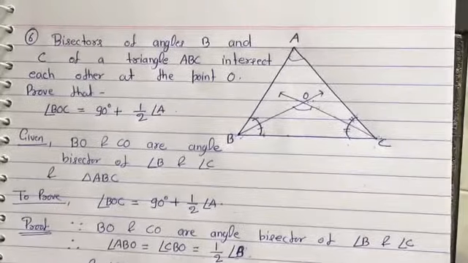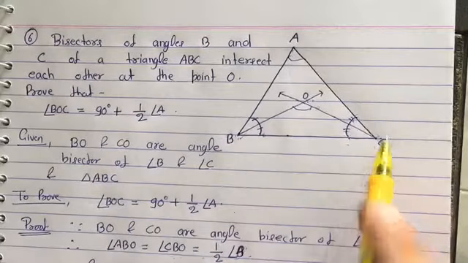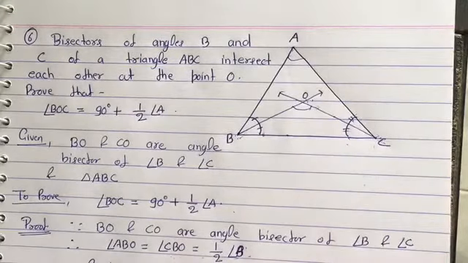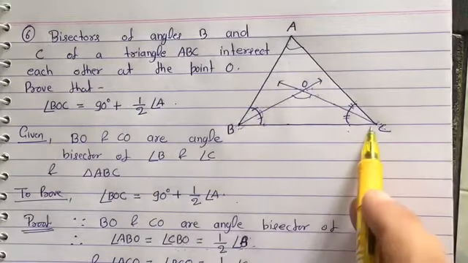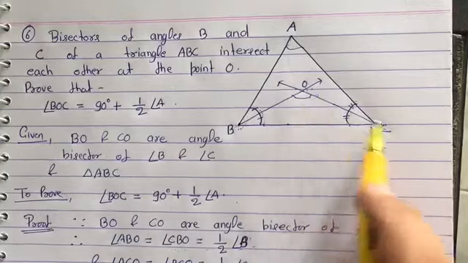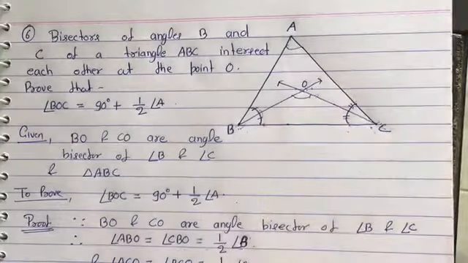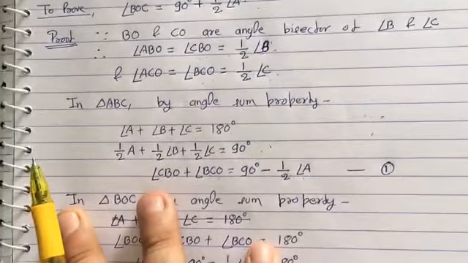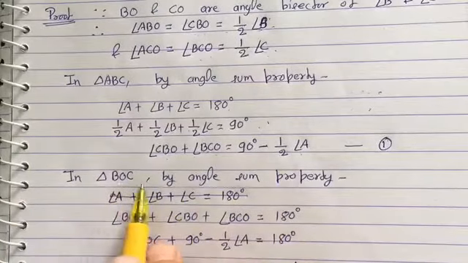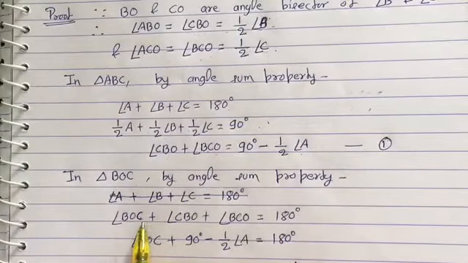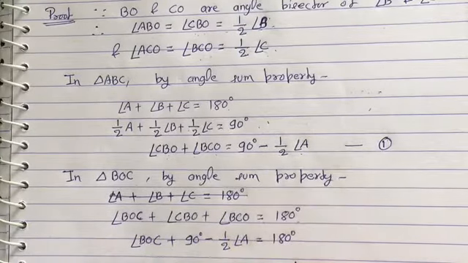Now in triangle BOC we are going to apply the angle sum property. This angle, angle OBC, this angle, angle OCB, and this angle is angle BOC. Apply the angle sum property in triangle BOC. Angle BOC plus angle CBO plus angle BCO is equal to 180.